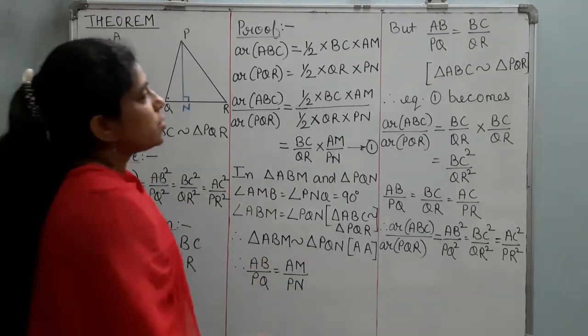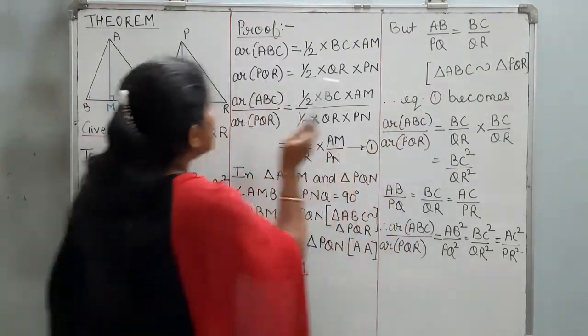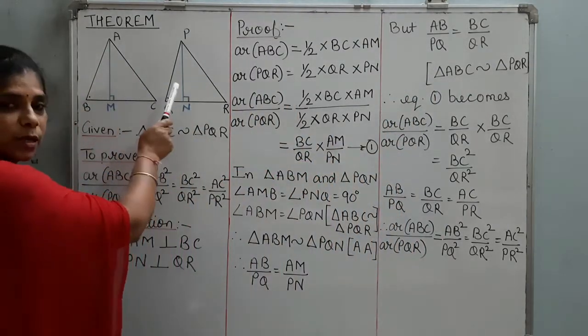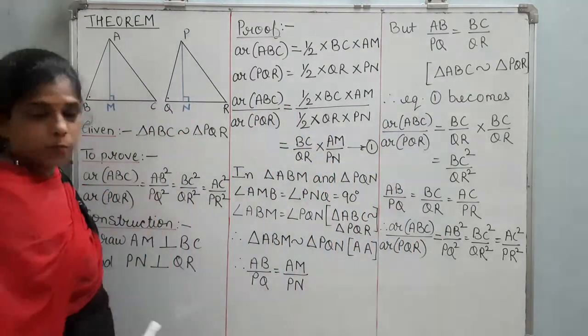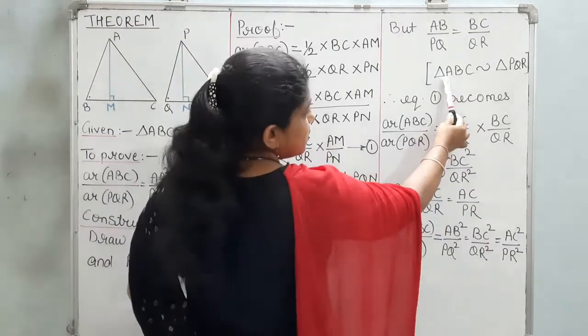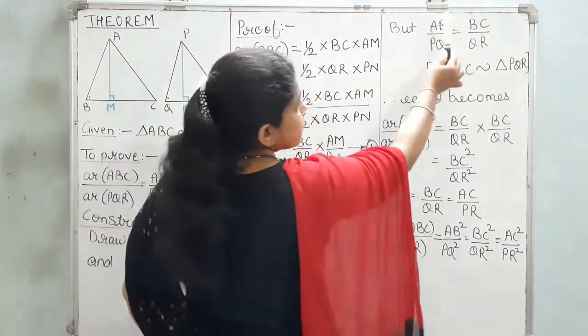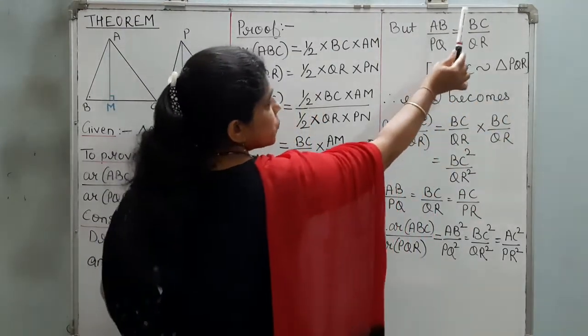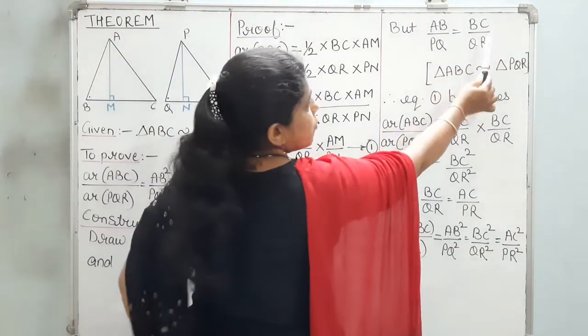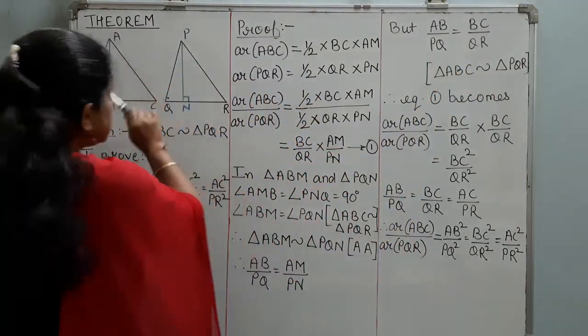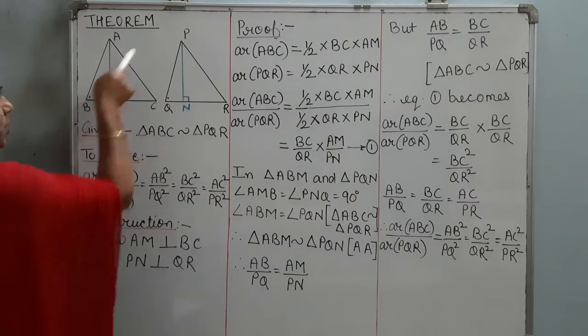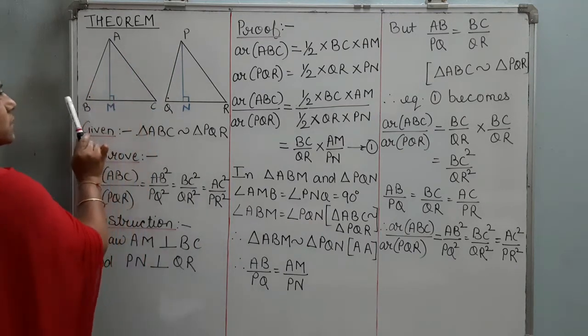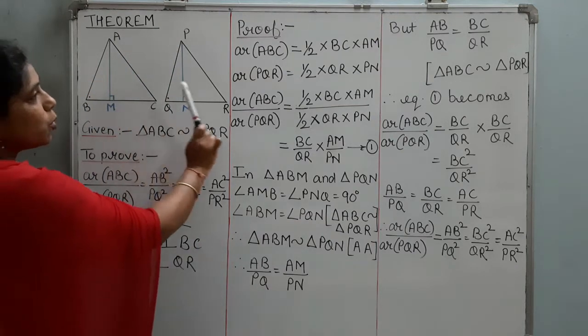Fine. Now, as triangles ABC and PQR are similar, even their sides are proportional. So AB upon PQ is equal to BC upon QR.